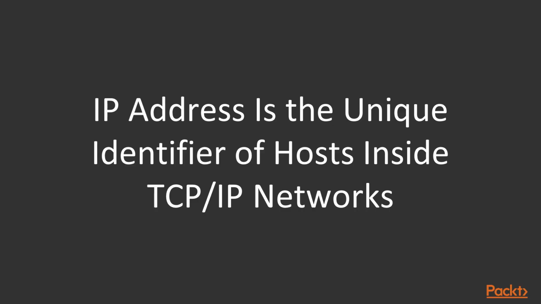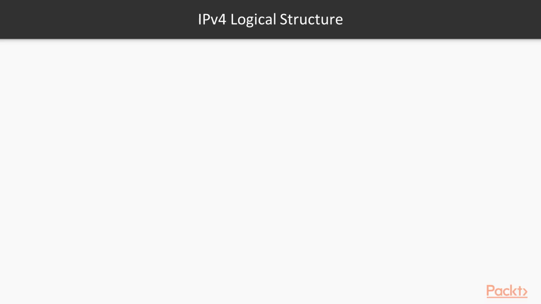It is important to understand that an IP address is the unique identifier of hosts inside TCP/IP networks, either IPv4 or IPv6. Each IPv4 address divides into 2 logical parts. The first part is called network ID, and obviously it is common between all hosts that reside inside a specific network.